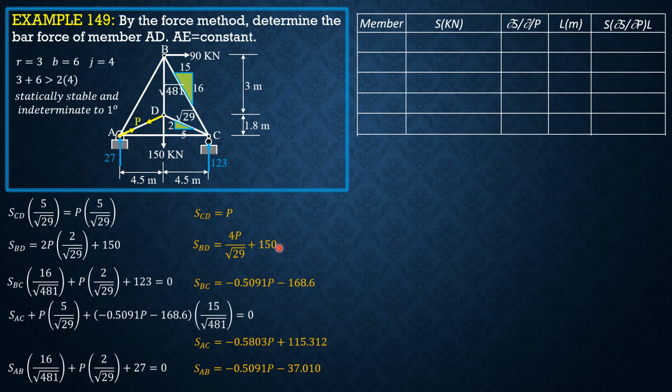So we are interested in these 1, 2, 3, 4 members only. So beginning with AB, alphabetical order, negative 0.5091P minus 37.010. Partial derivative is negative 0.5091. The length of AB is square root of 4.5 square plus 4.8 square, not square root of 481.